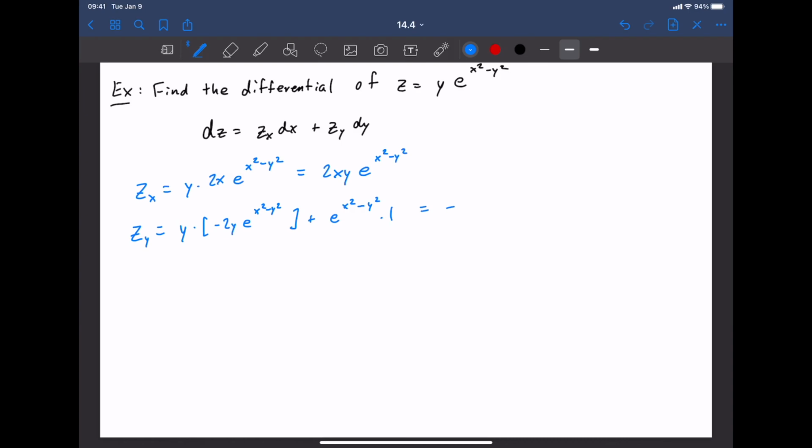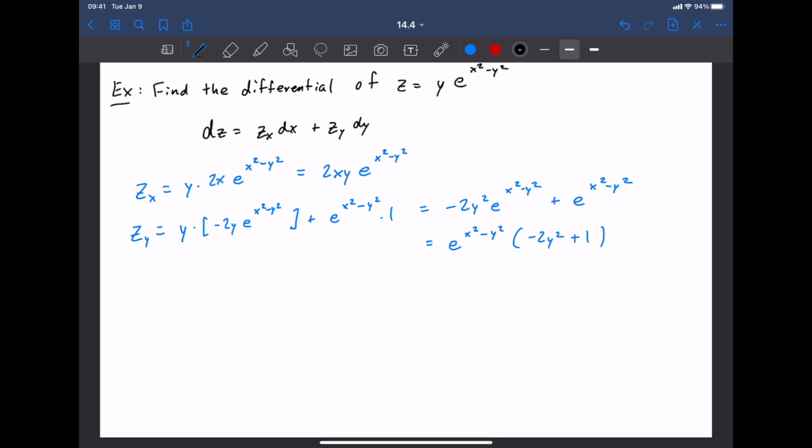So that might be written as negative 2y squared e to the x squared minus y squared plus e to the x squared minus y squared. Sometimes we'll factor that just to have a nice expression, especially if we're going to make a differential where we're going to be multiplying it anyway. And we're going to have parentheses anyway, plus 1.